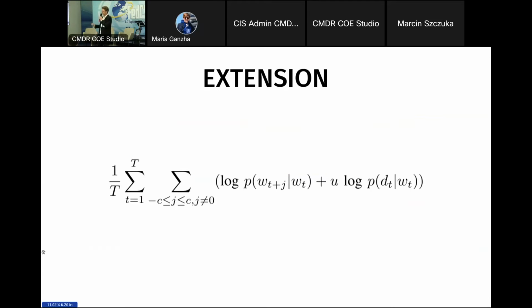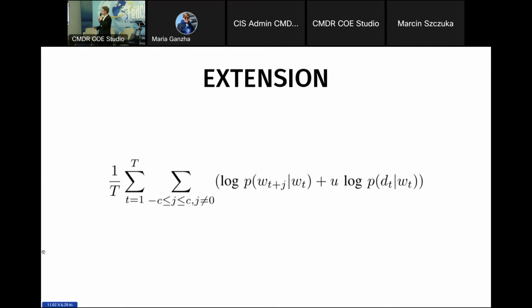If you look at the objective function that I was actually trying to optimize, the first part in the parentheses is the standard Word2Vec skipgram objective function. We simply want to maximize the average log probability of predicting the right context given a certain word WT.